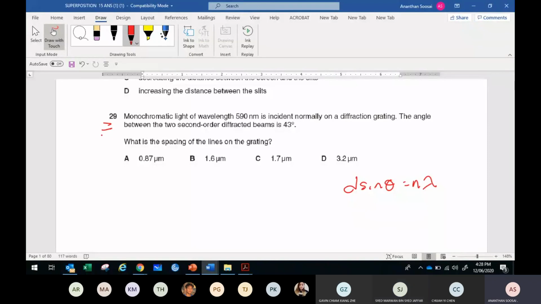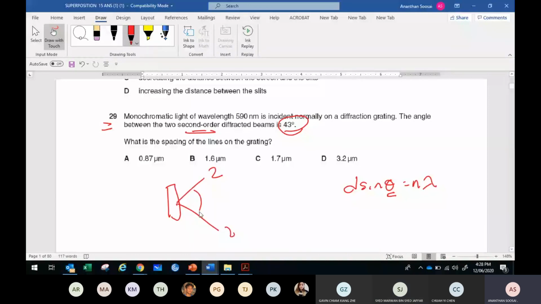Okay, so all of you are giving D. All of you got D. So the trap here is this 43 degrees. How much angle are you supposed to use here? Because this 43 degrees is the angle between the two second orders, the second order here and the second order here.